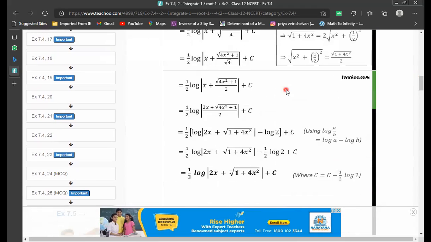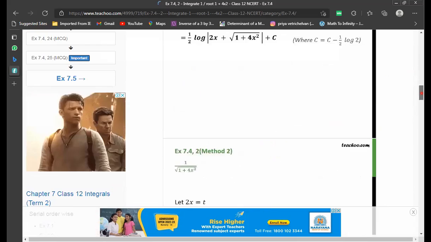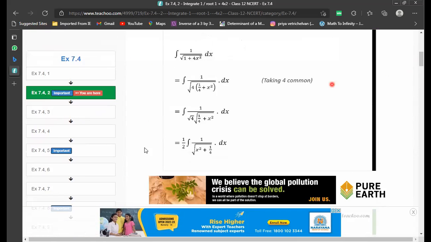Square root of 4 is nothing but 2. Again, take the LCM. Log of a by b can be written as log a minus log b. So log of 2x plus square root of 4x square plus 1 is a, and this is going to be b. So just write it in this way, and take the 1 by 2 to the other side. That's it. Clear? Very good.